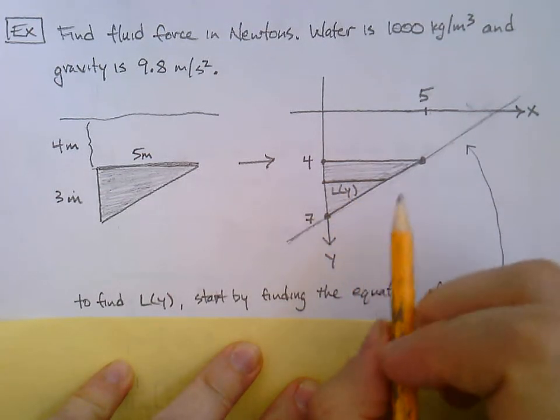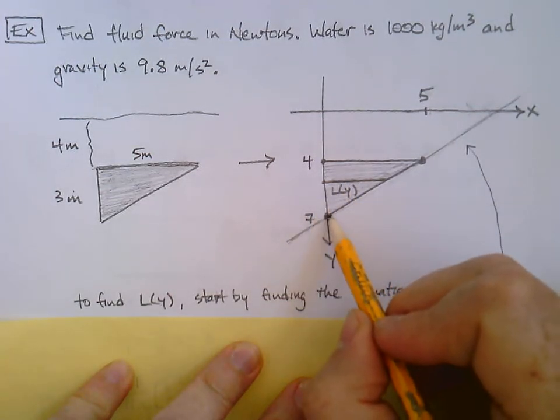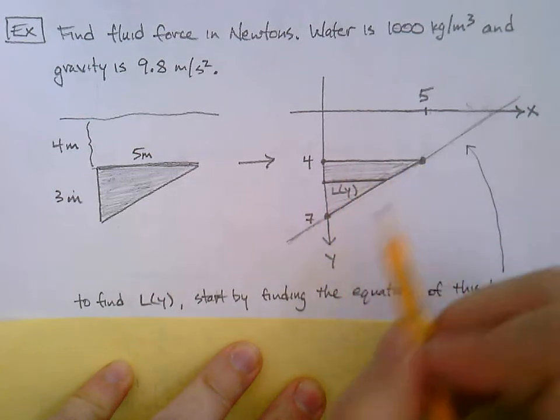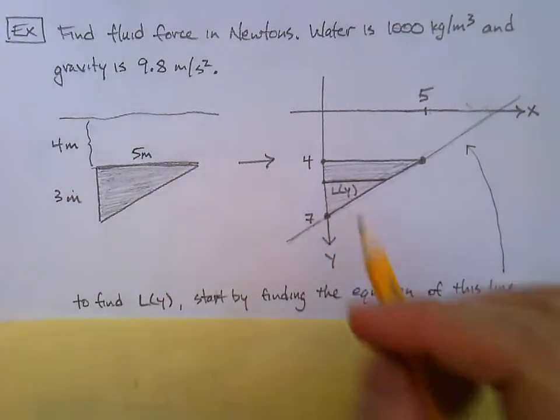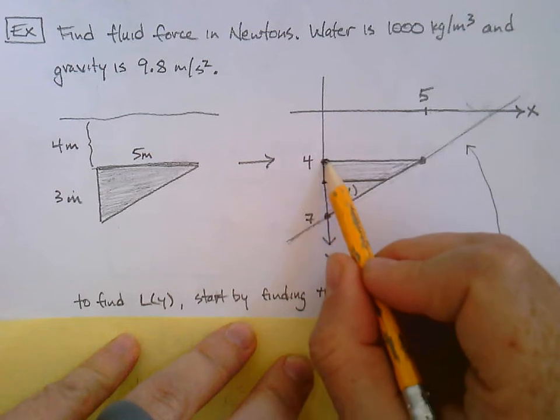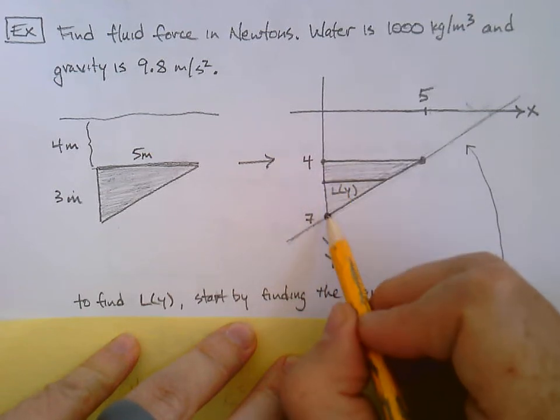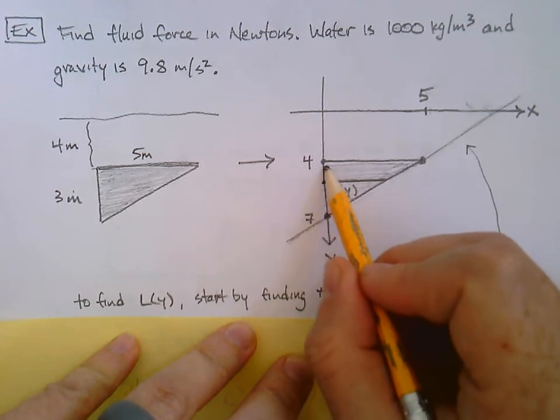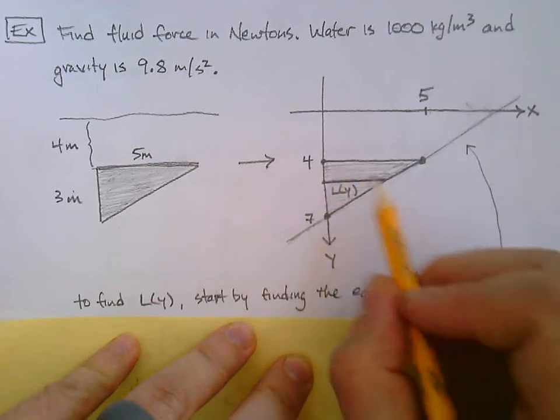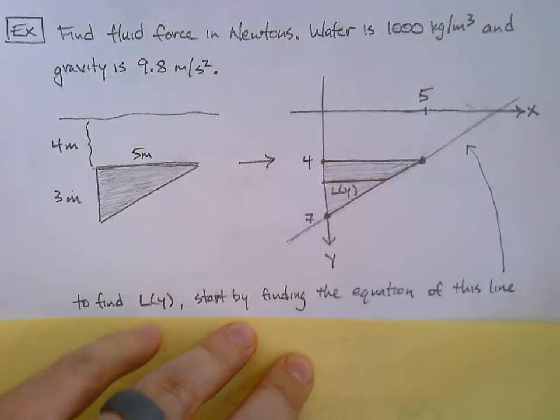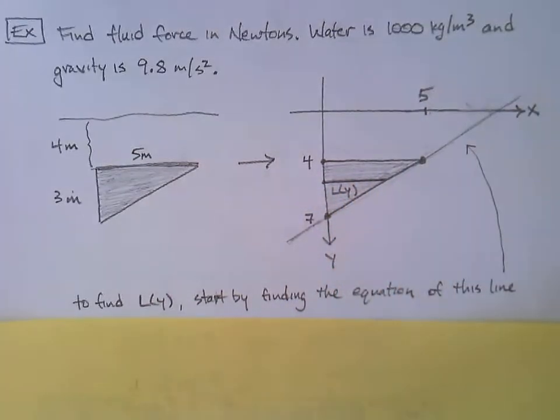So what's the rise? You think, well, it went up 3. Ooh, actually no, because it's upside down, right? So it went down 3. The rise is -3. It went from 7 to 4, -3, but the run is still 5.